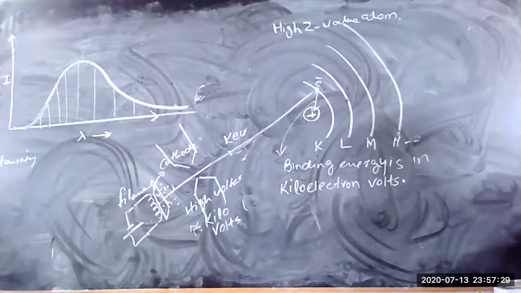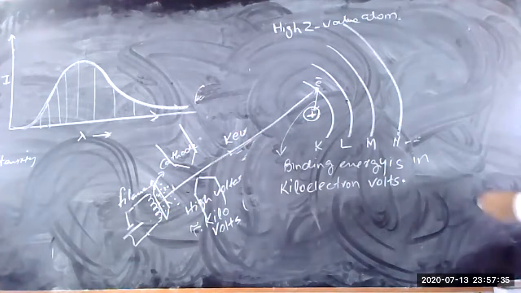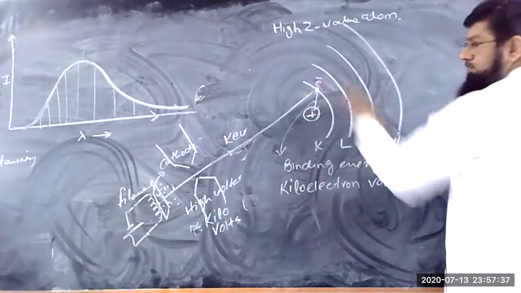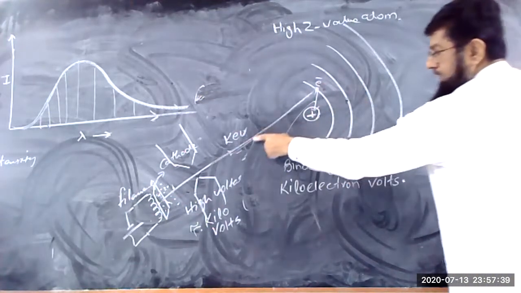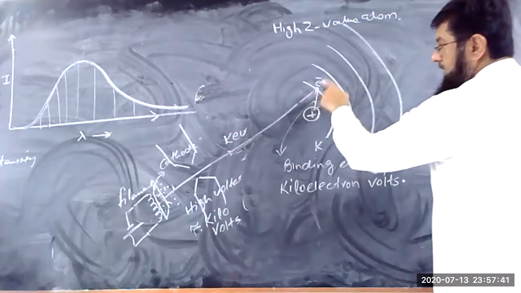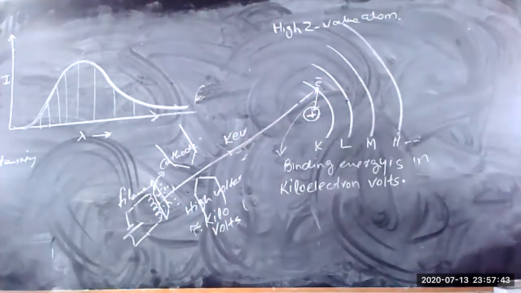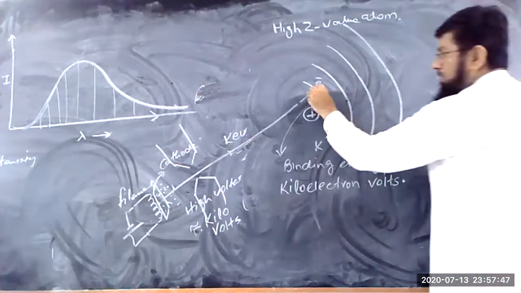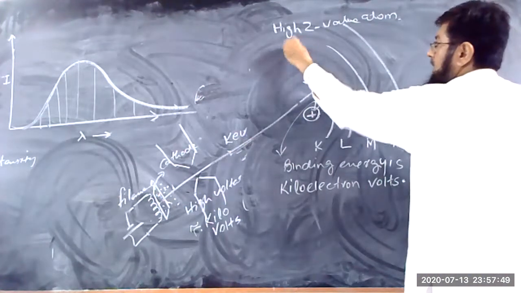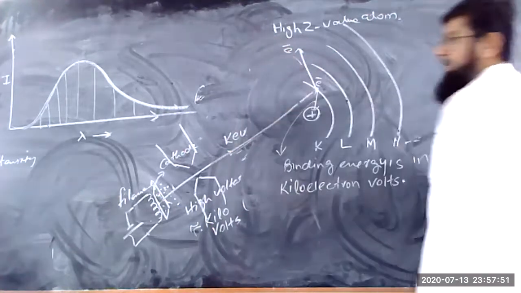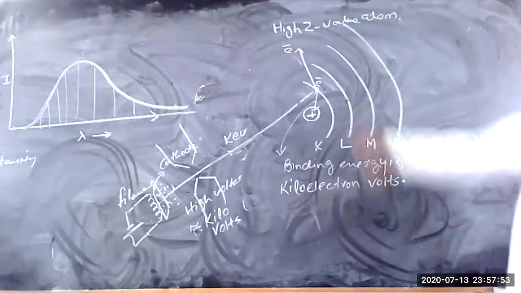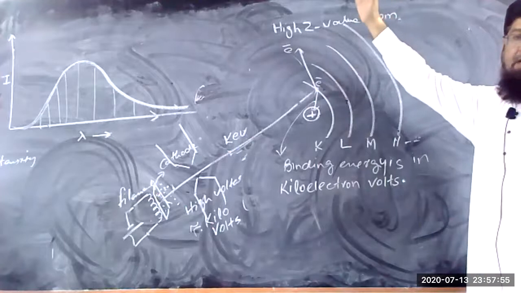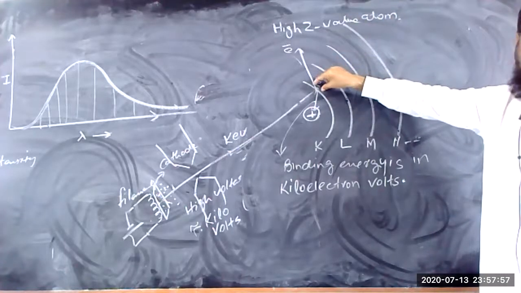So as a result, when the energy of the incoming electron is equal to the binding energy of the electron in the K shell, it will knock out the electron from the K shell. The K shell electron will be ionized. So now here is a deficiency of one electron.